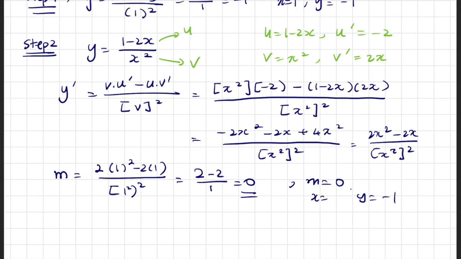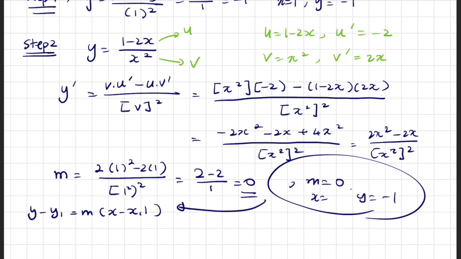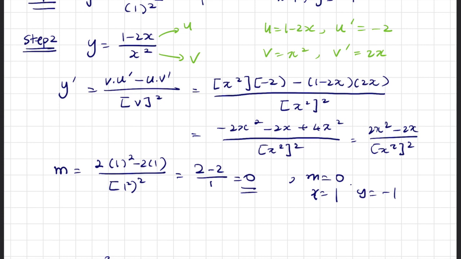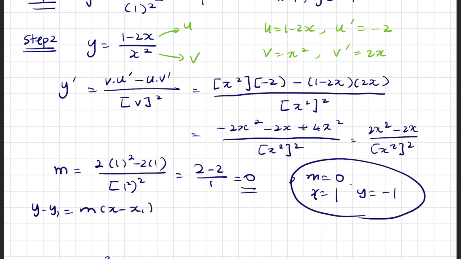Then using the equation of the line formula, y minus y1 is equal to m times x minus x1, we're going to substitute this information into this equation.